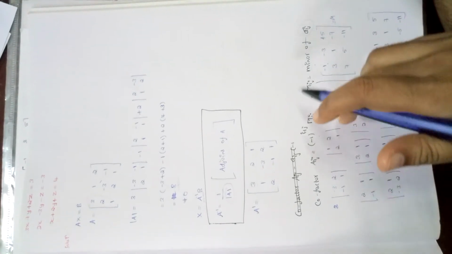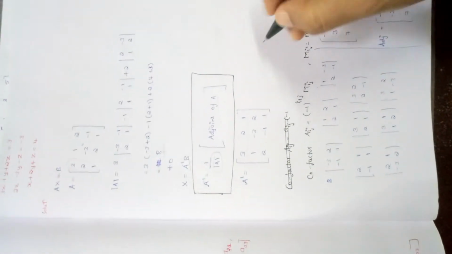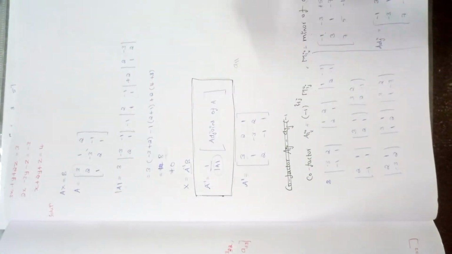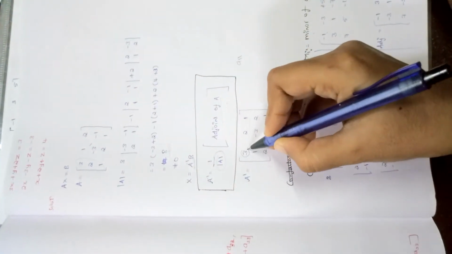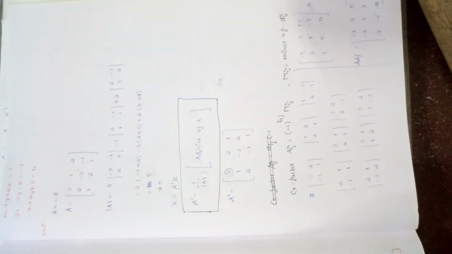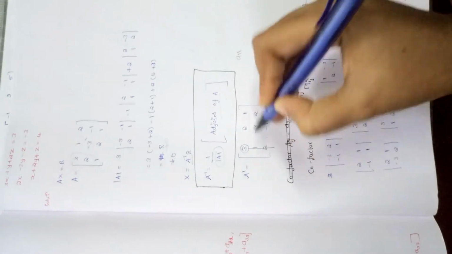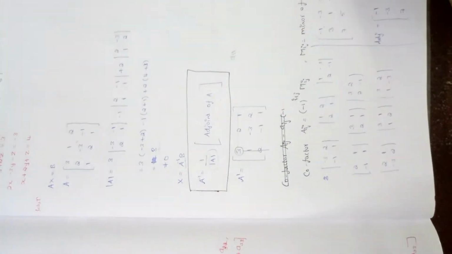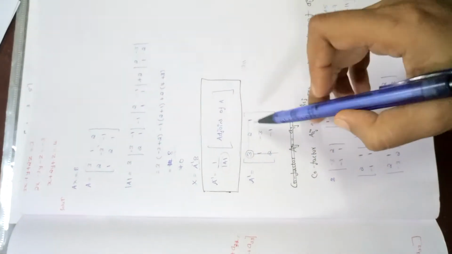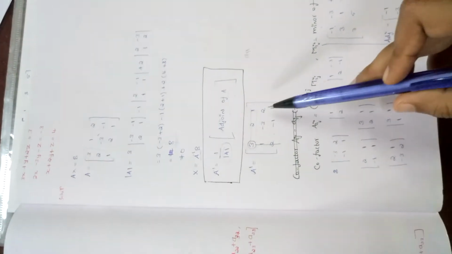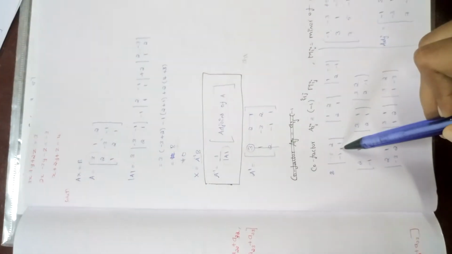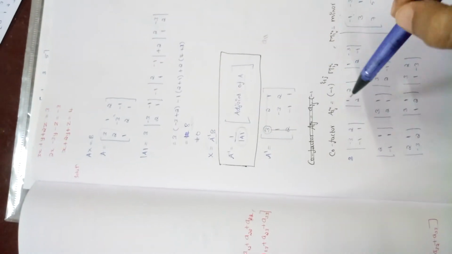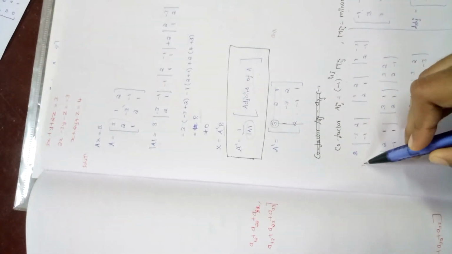Now let us find the minors. First let us consider A11, that is this term. To find the minor, first we delete the row and column which contains A11. So the remaining matrix is minus 3, 2, minus 1, 1. We have written this. So this is for A11.